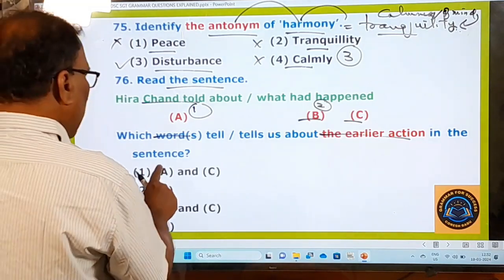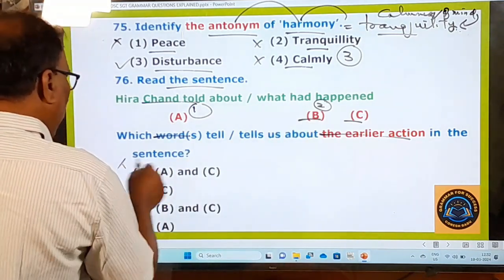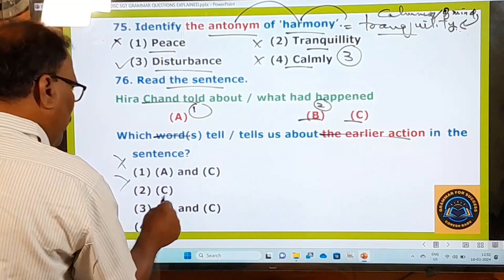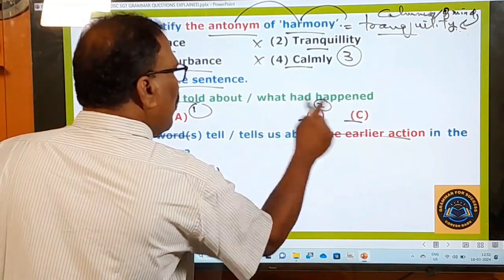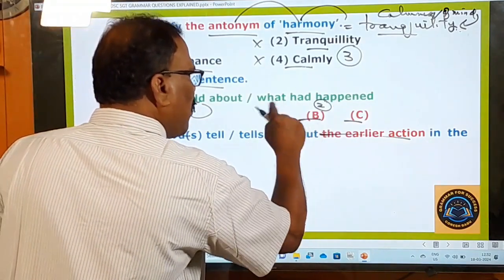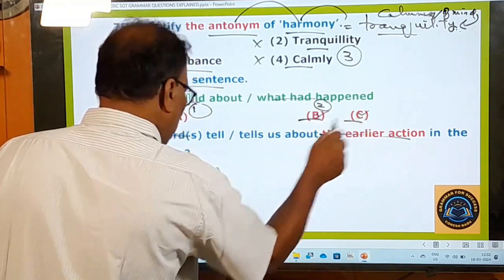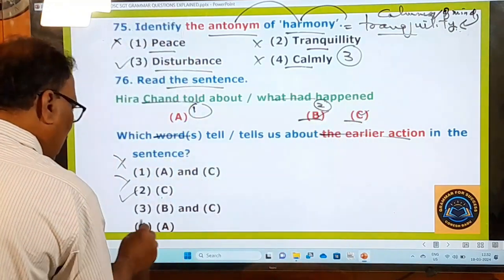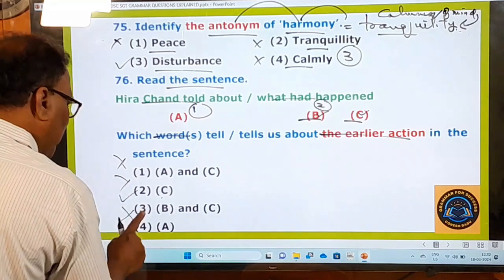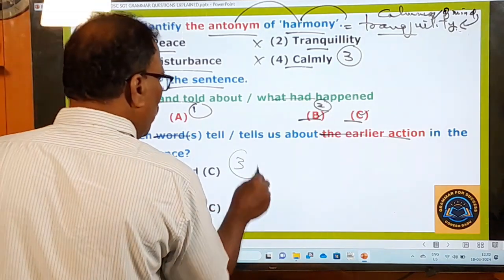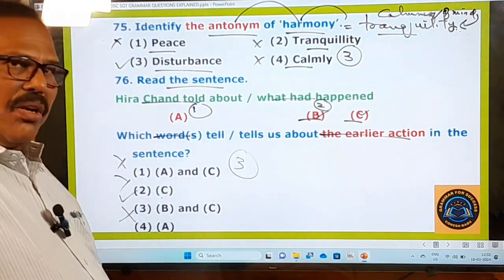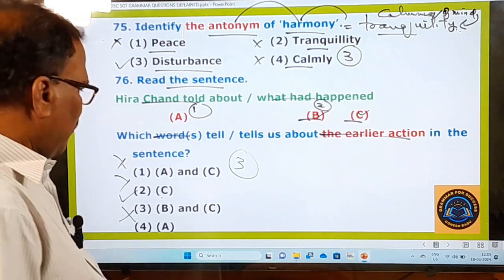What is that? A, C is wrong. B, C, this B part and C part, what had happened? This part is marked as B and C. So this part is the right option, and the first, second and fourth parts are wrong. So your answer is going to be the third one. And now let's move on to the next question.